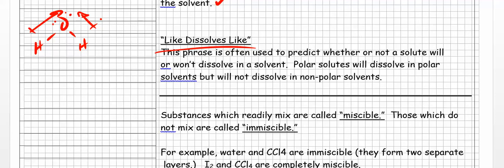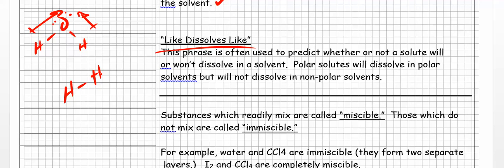So what would be an example of a nonpolar substance? Well, let's take something like hydrogen gas, right? Hydrogen gas is just two hydrogen atoms with a shared pair of electrons between them. But the point is that they're identical on either side. That makes it nonpolar, right? So water is polar.